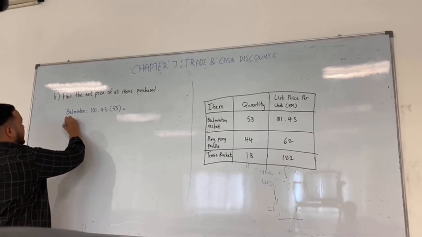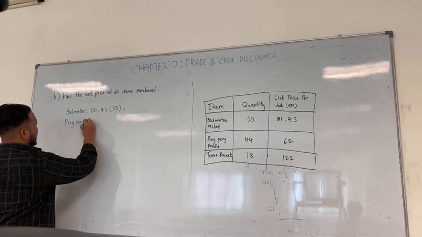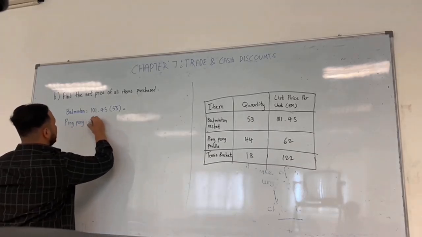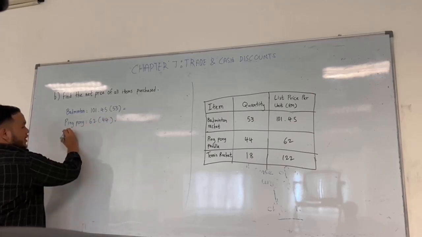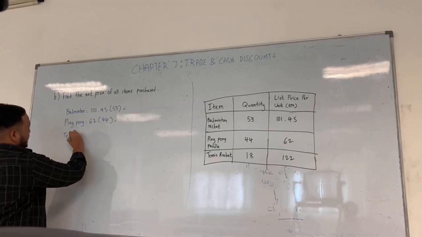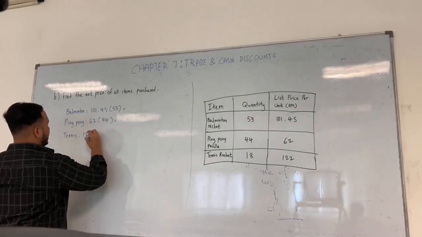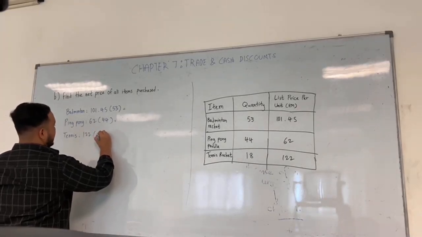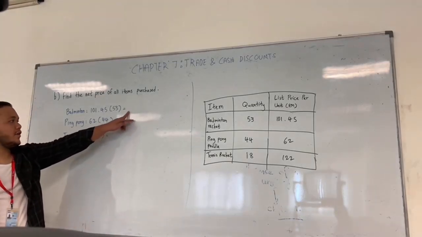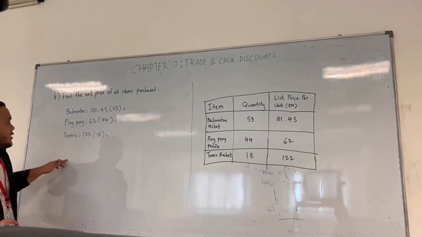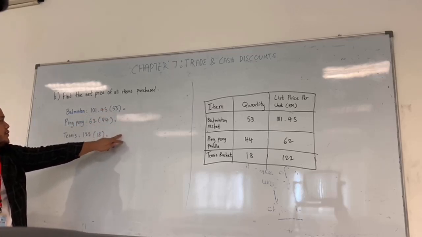Ping pong, times 44. And tennis, 122 times 80. Find all these answers with the calculator, and then we add all of the answers from these items.